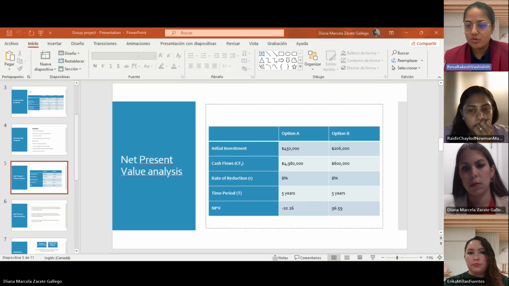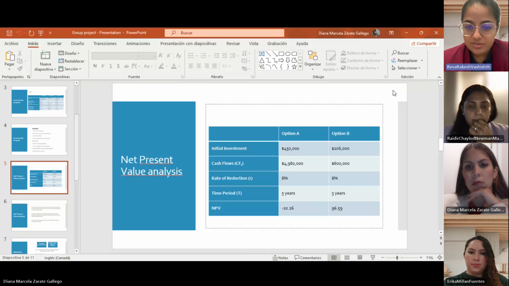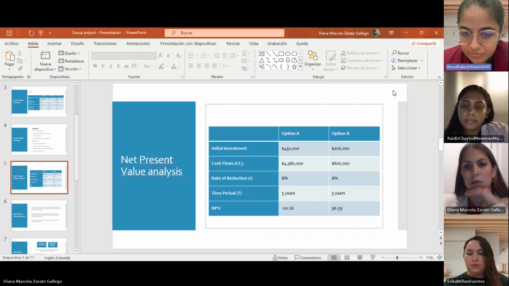For the expansion options discussed in the All-Star Real Estate Group case, we are looking at this table. Option A is for the McBain Towers and option B represents data for the BC location. As we can see, the initial investment for option A is $450,000, whereas for option B it is $206,000.